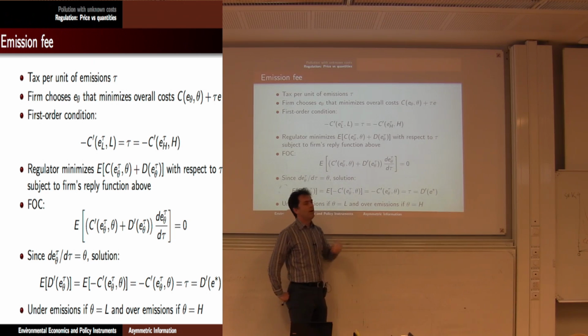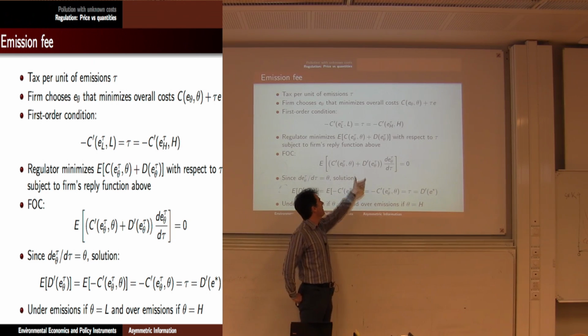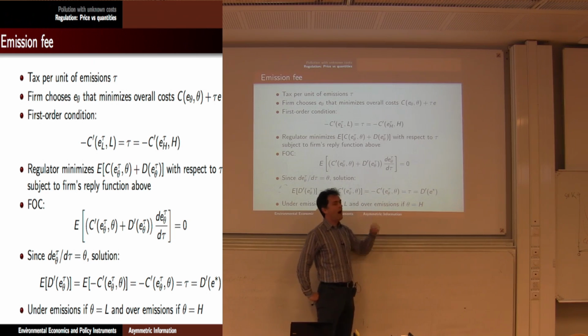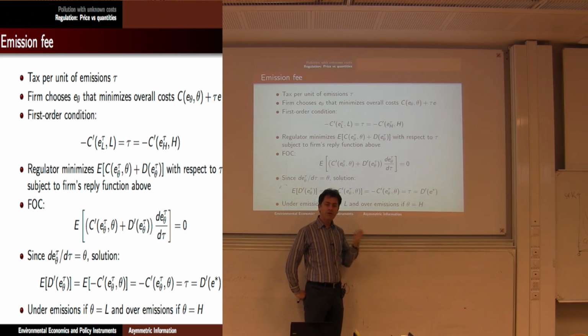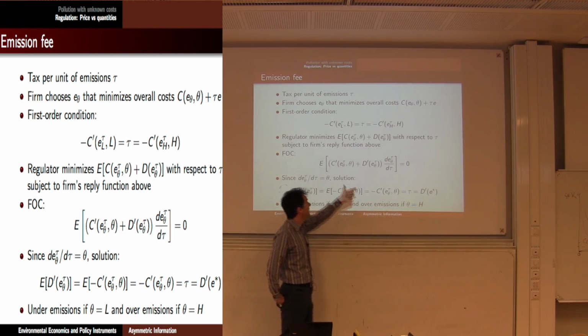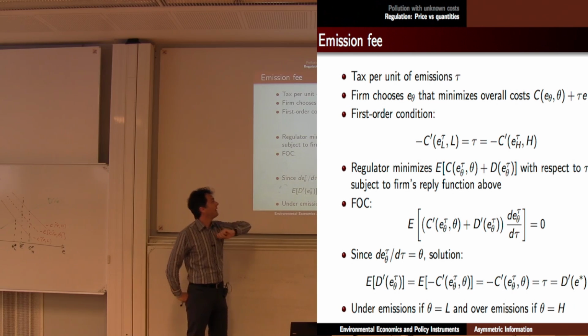So every time you change emission, this will affect the social welfare. This captures how the social welfare will be affected. And this term is how emission will change when you change the tax rate. So in order to get this equation, you take the derivative with respect to the tax rate, given the constraint above.